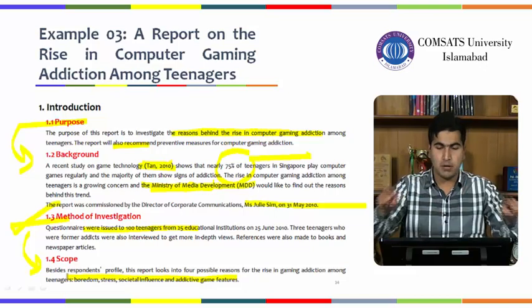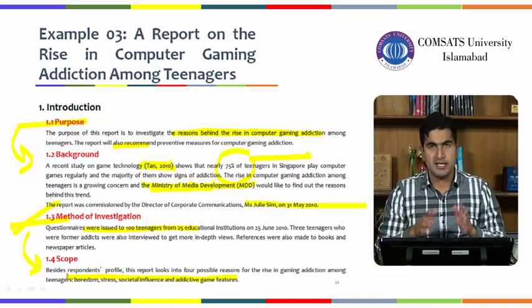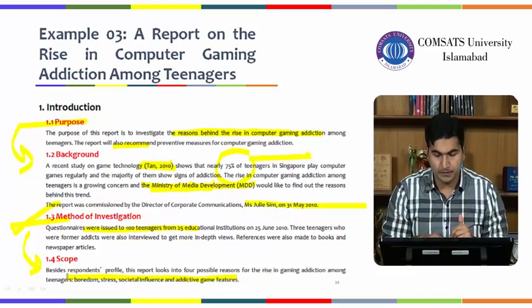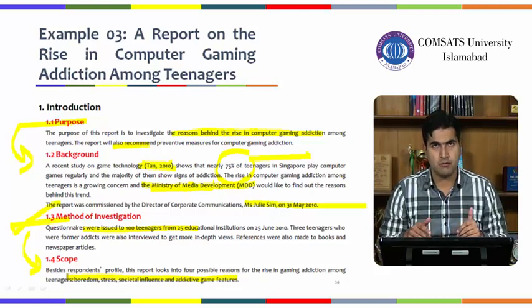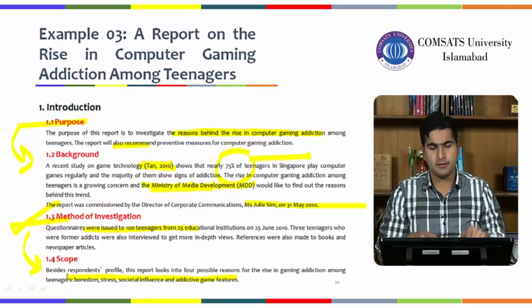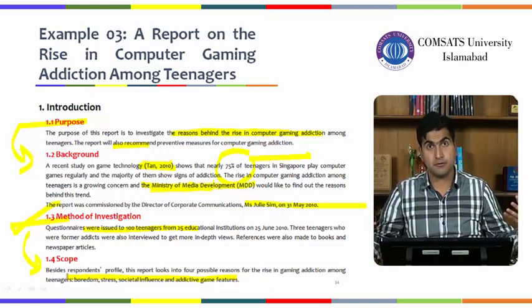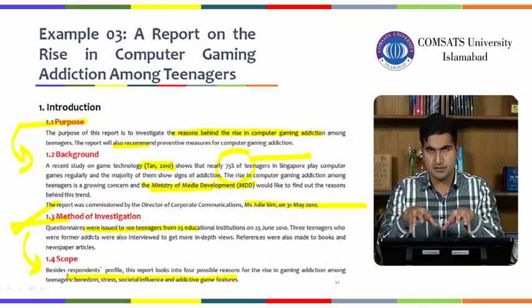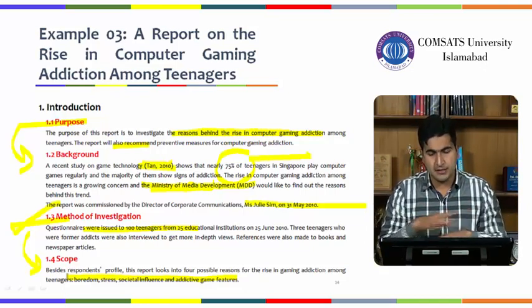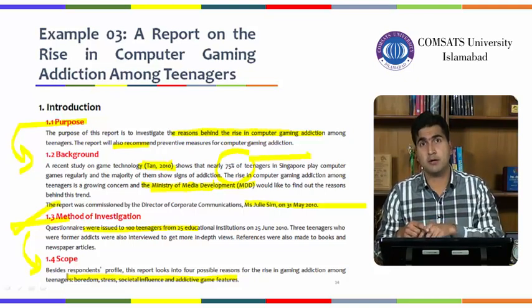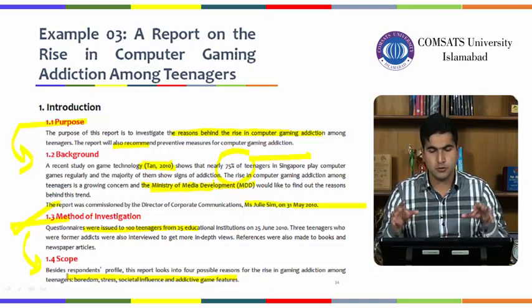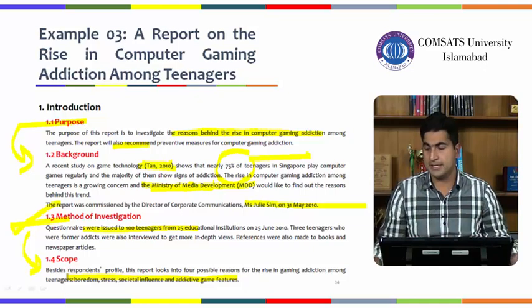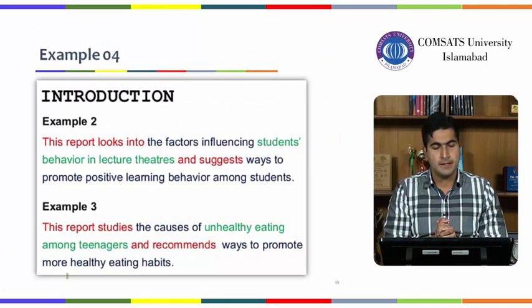So within that boundary that you have stressed for yourself, in addition to gaming addiction, we're going to consider 4 other factors, which are boredom, stress, societal influence, and addictive game features. Meaning now within the scope you have clearly defined that they also fall within that boundary and will be studied as well. Had they not mentioned it and they would have made part of the report, would have caused a lot of problems. So within that scope you have to write things very clearly.